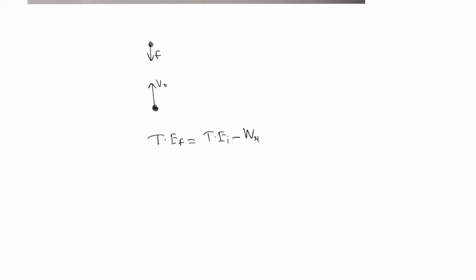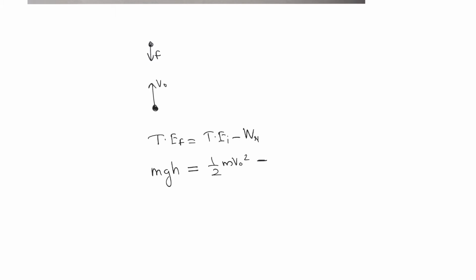So total energy final, as it reaches a height h, is m into g into h, equal to total energy initial, which was its kinetic energy, half m v naught square, minus the work done by this resistance force.